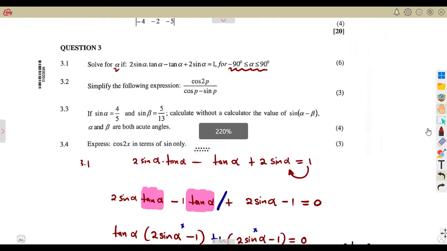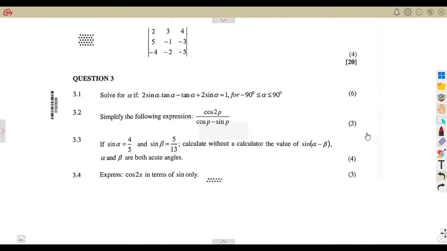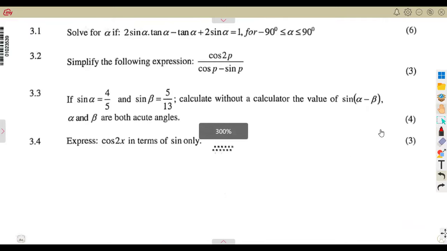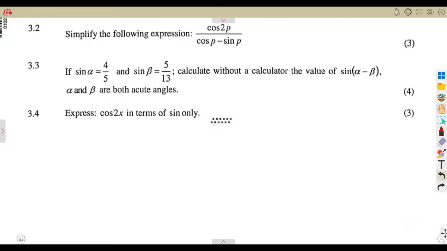So I think 6 marks, it was enough. It was fine. Let us see 3.2. Simplify the following expression. You were given the cos of 2p, everything over the cos of p minus the sine of p.